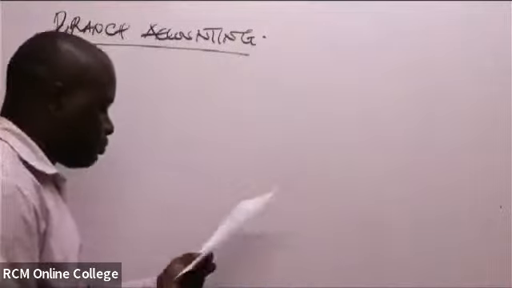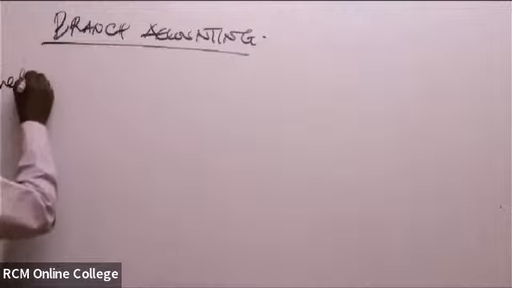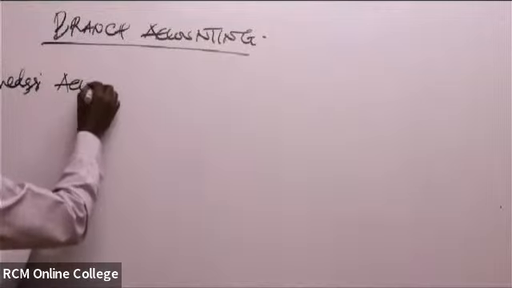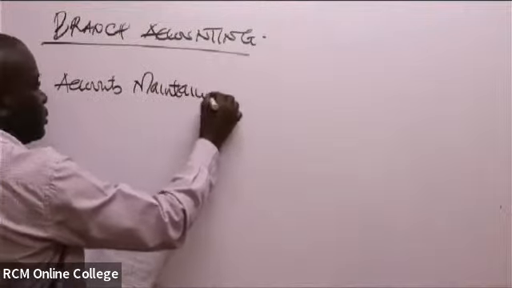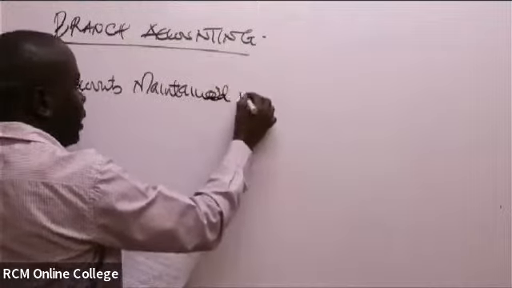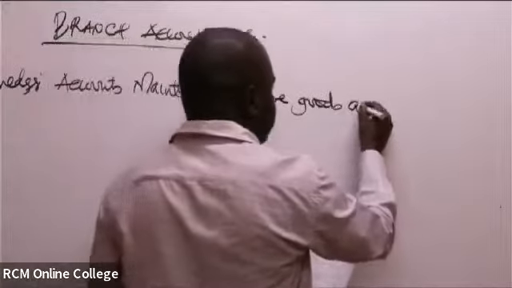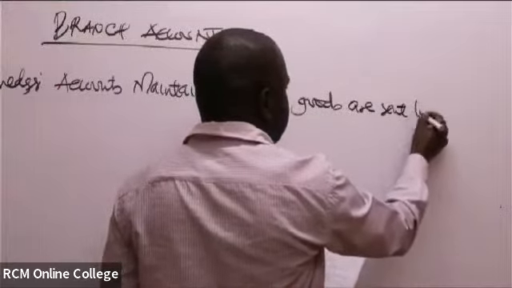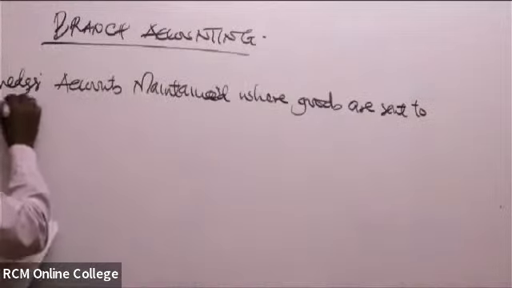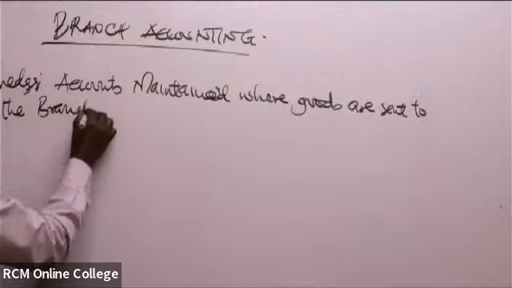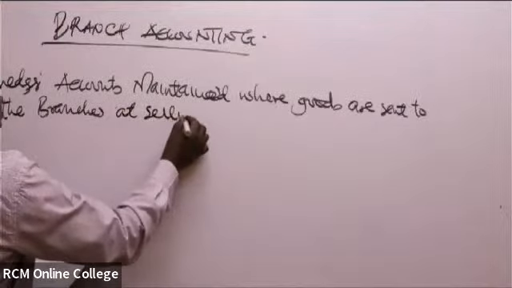So you can write: ledger accounts maintained where goods are sent to the branches at selling price.